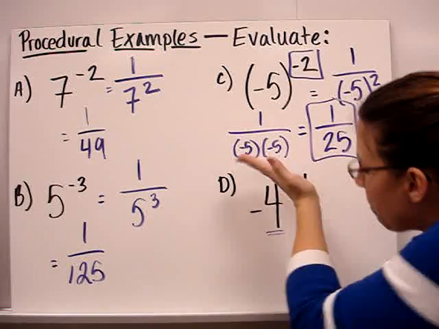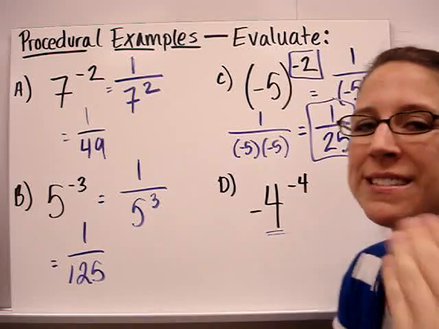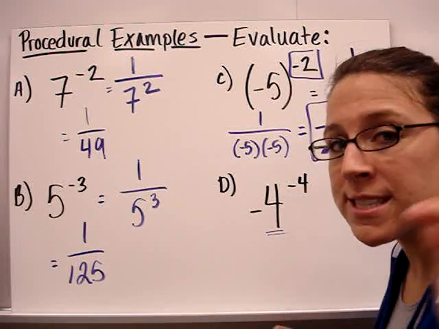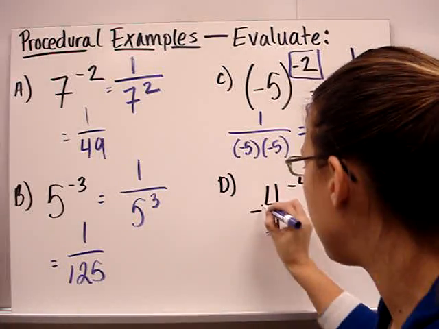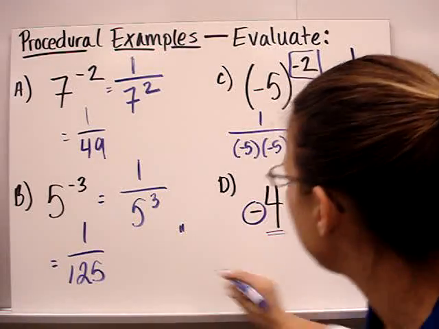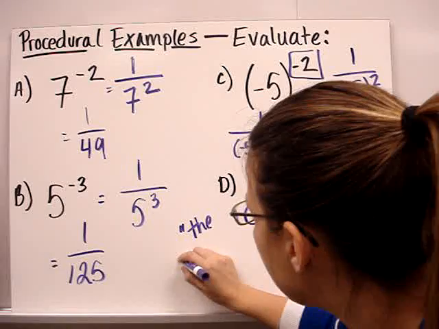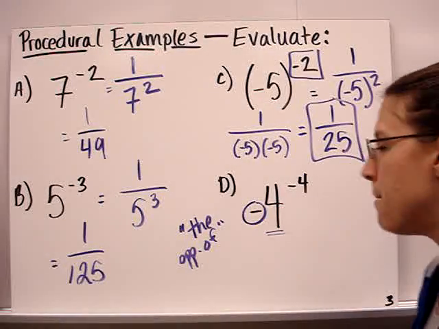Because this is not in parentheses, the negative means the opposite of. So we're talking about finding the opposite of 4 to the negative fourth power. I want you to keep that in mind and maybe put that in your notes. When it's not in parentheses, the meaning is the opposite of. And we'll talk about that again in a moment.